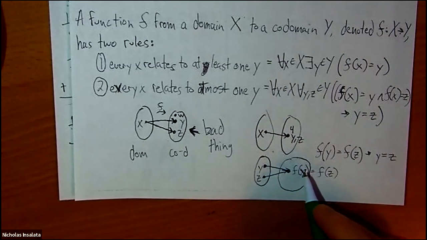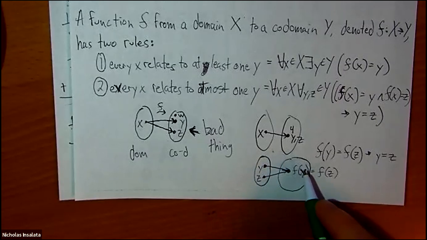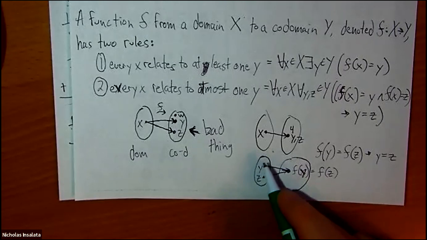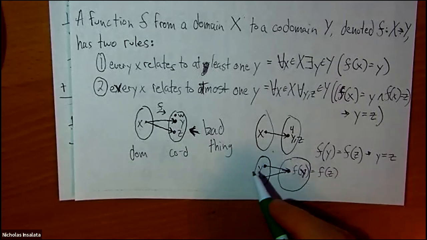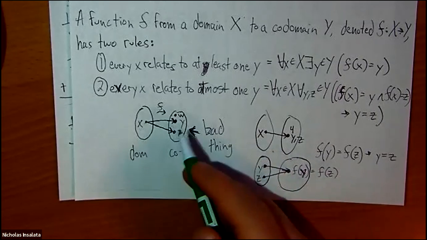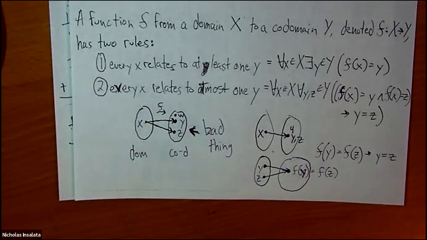You have y and z, you're taking the function of those, which means y and z both have to be in the domain side. And in the codomain side, after you apply the function to those two objects, you get out the same thing. Whether that means that y equals z or not is saying something about the arrows in the domain, rather than up here, where the function definition is about the arrows in the codomain. So I think it is different.